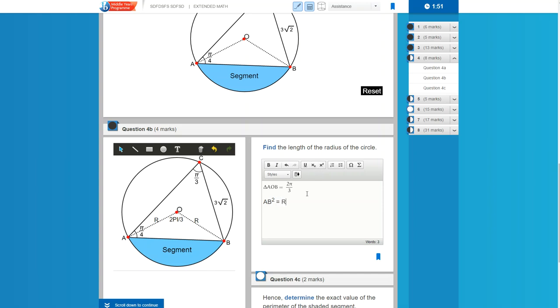So AB squared equals R squared plus R squared minus 2 times r times r times cos of the angle in between, which is 2 pi over 3.